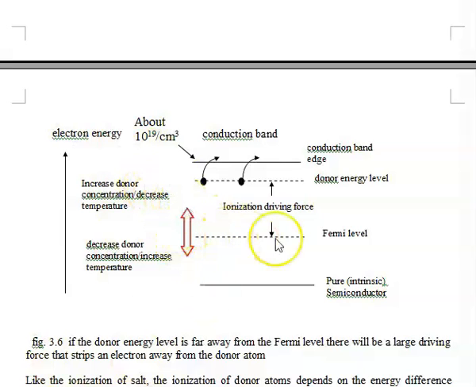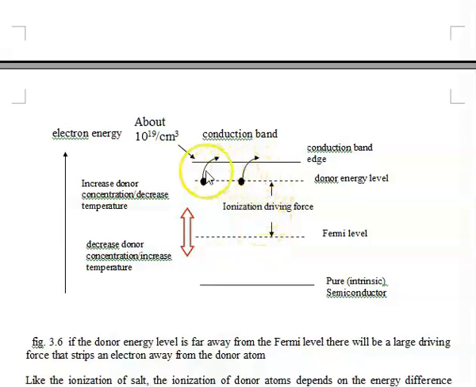We have the Fermi level, which goes up and down. As we increase the temperature, it goes down. As we increase the amount of phosphorus atoms that are able to donate an electron, the Fermi level goes up.